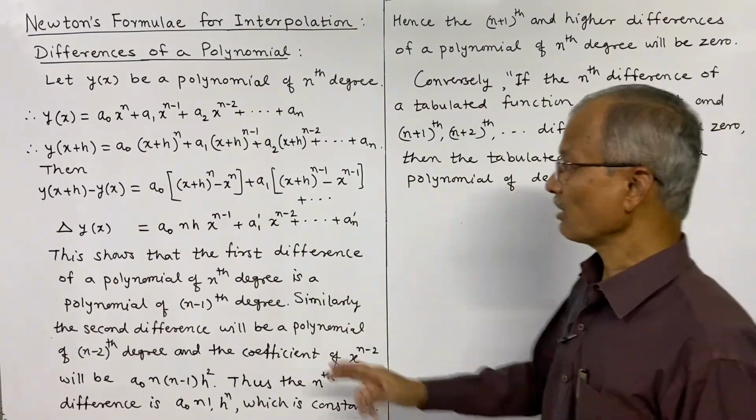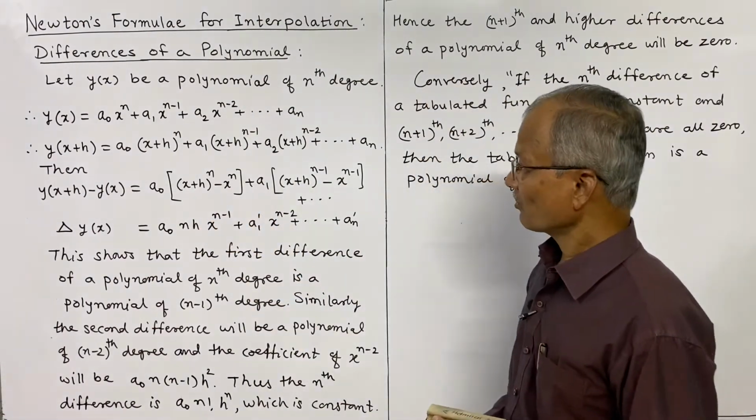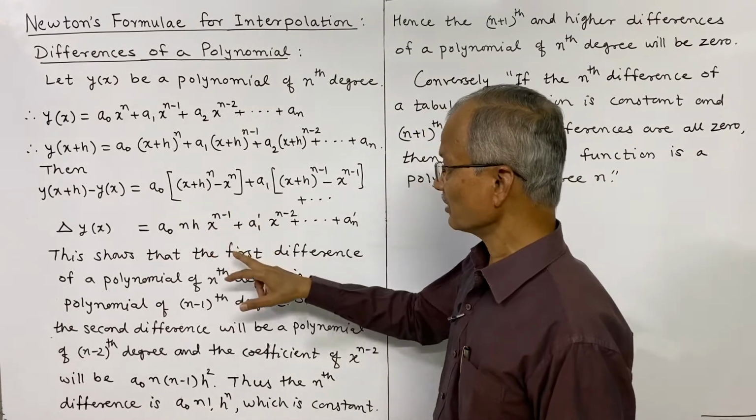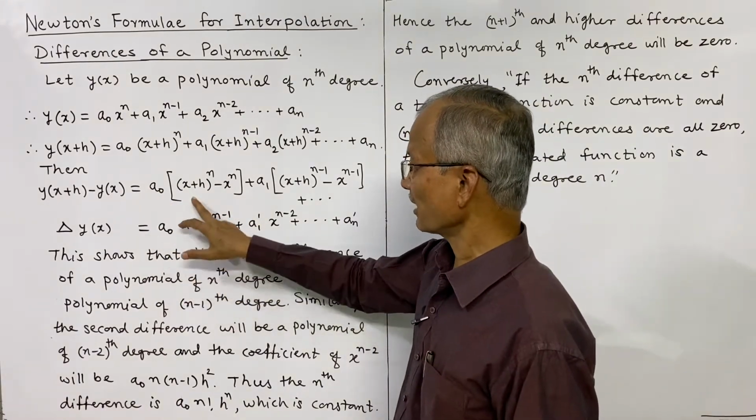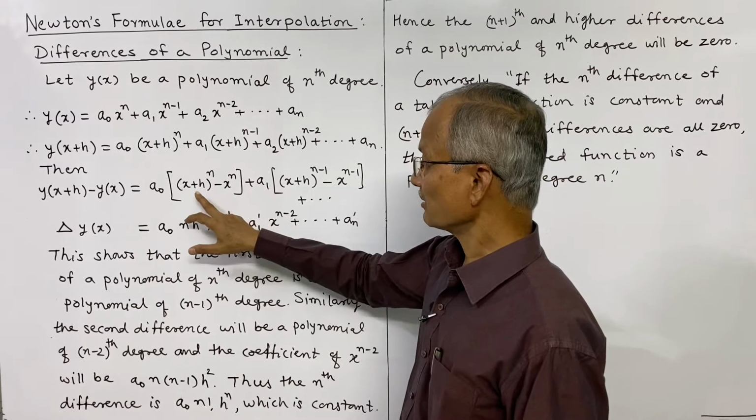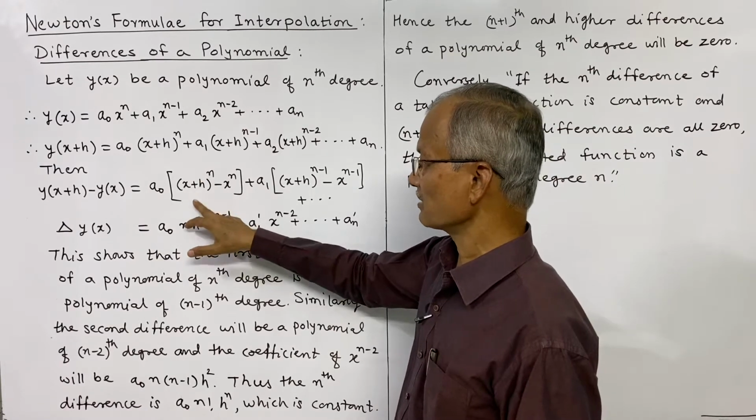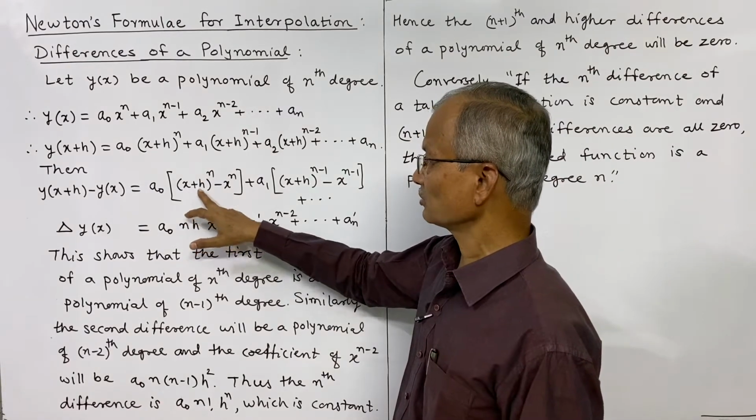And that is equal to, now you see the right side. On the right side, a0 is a constant, and see this bracket, this we have to expand by the binomial theorem, and it is x plus h to the power n.